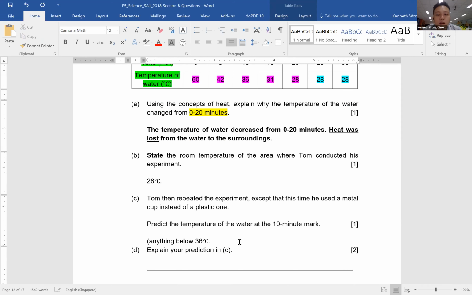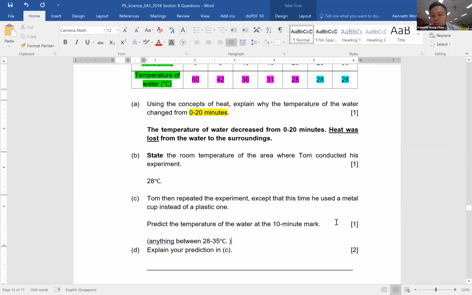Must be between 28 and 36 degrees Celsius. Cannot be below 28. So your answer can be 28, 29, 30, 31, 32, 33, 34, 35.